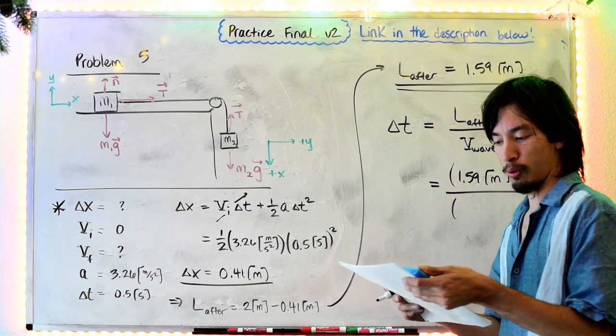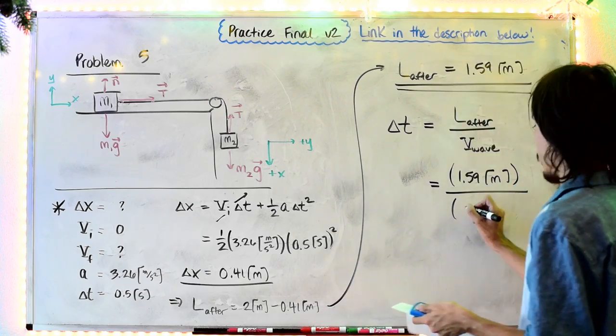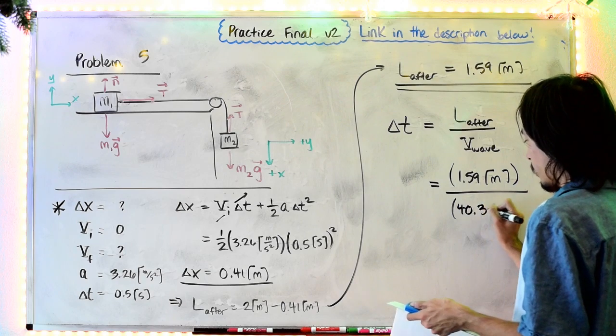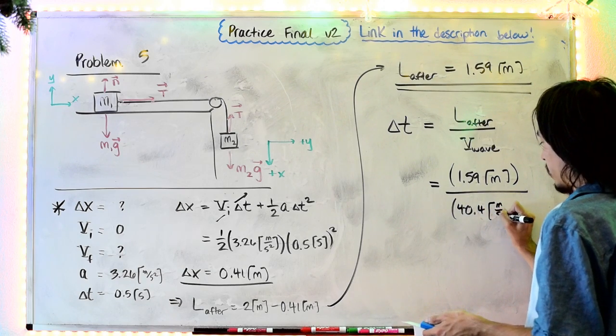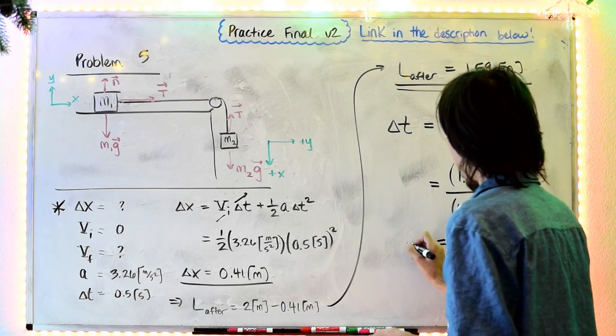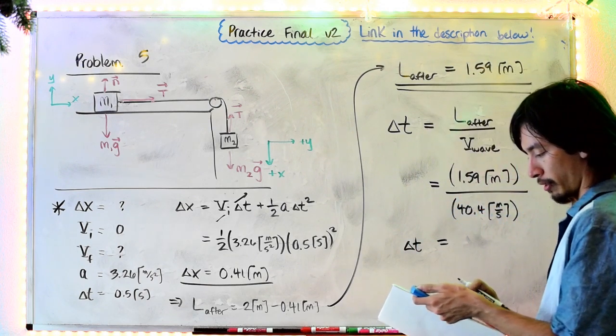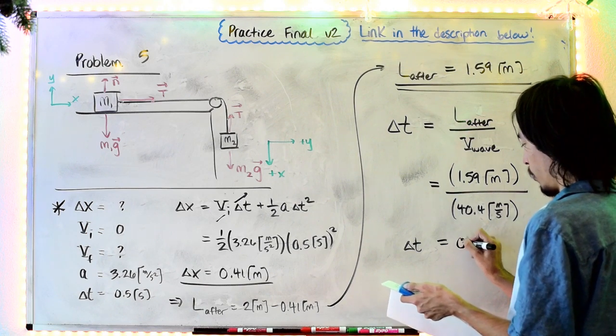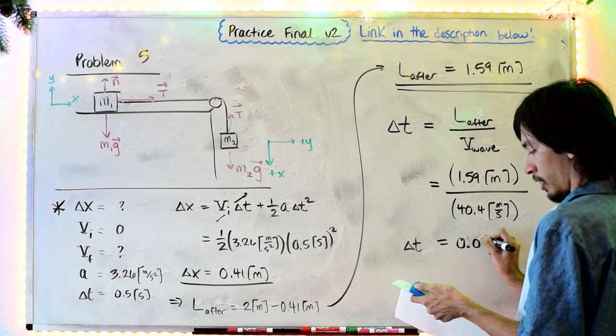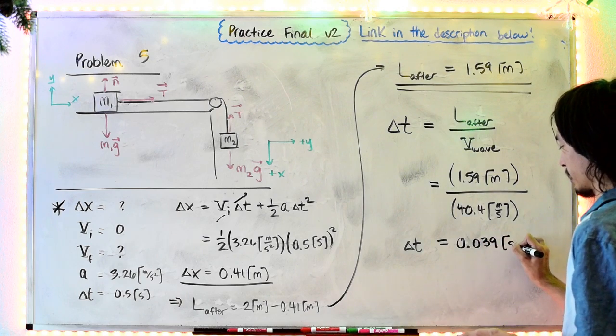So it was 40.4 meters per second. So we're going to use 40.4 meters per second. And that yields a time of 0.039 seconds.